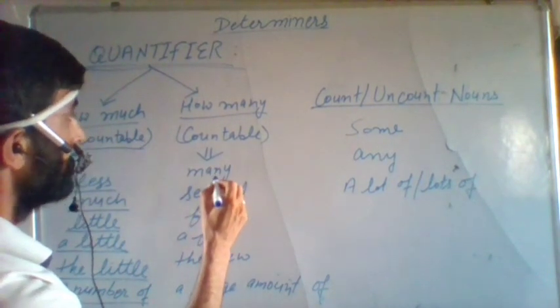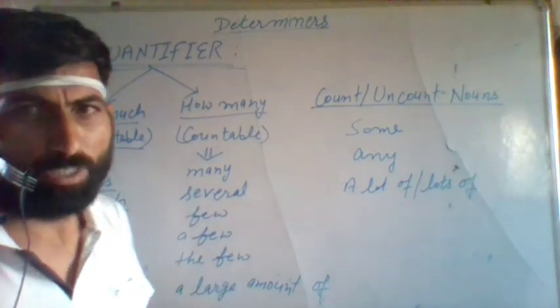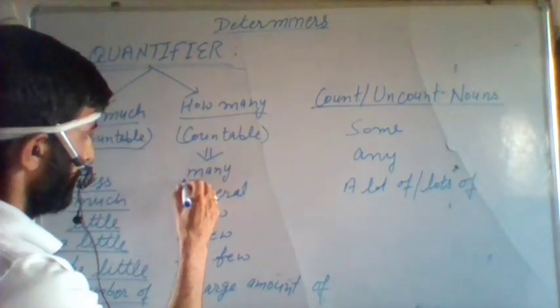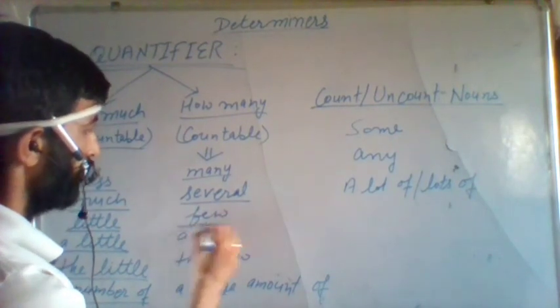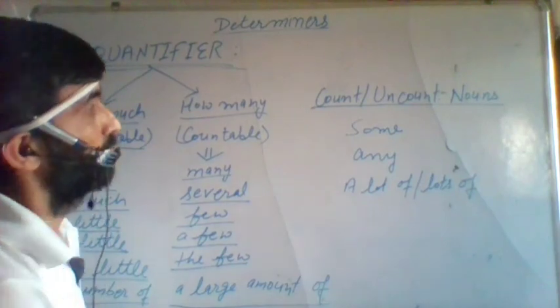Countable determiners means the determiners which can be used with countable nouns: many, several, few, a few, the few, a large amount of.